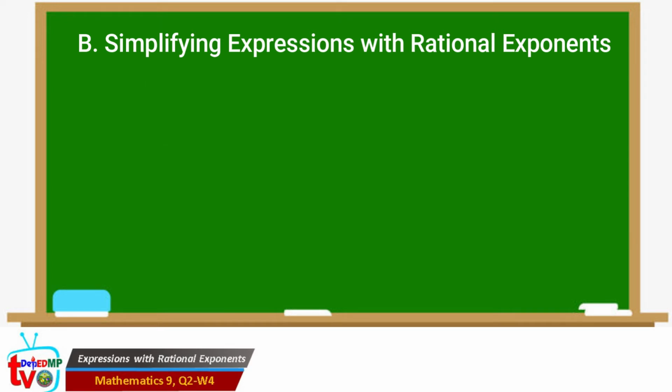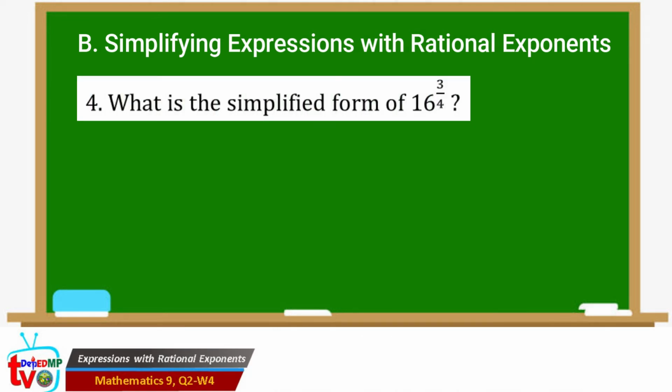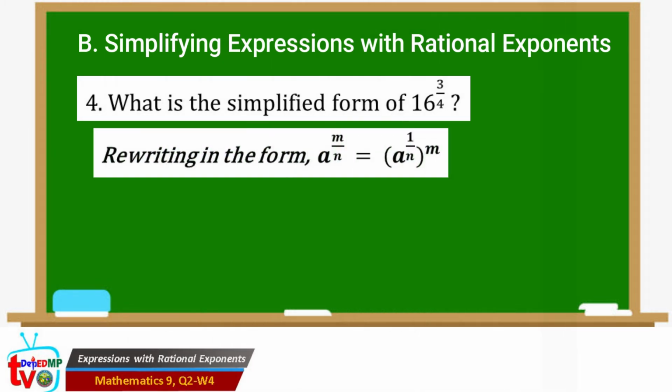Number 4. What is the simplified form of 16 raised to 3/4 or 3 over 4? Rewriting the expression in the form a raised to m over n equals the quantity of a raised to 1 over n raised to m.